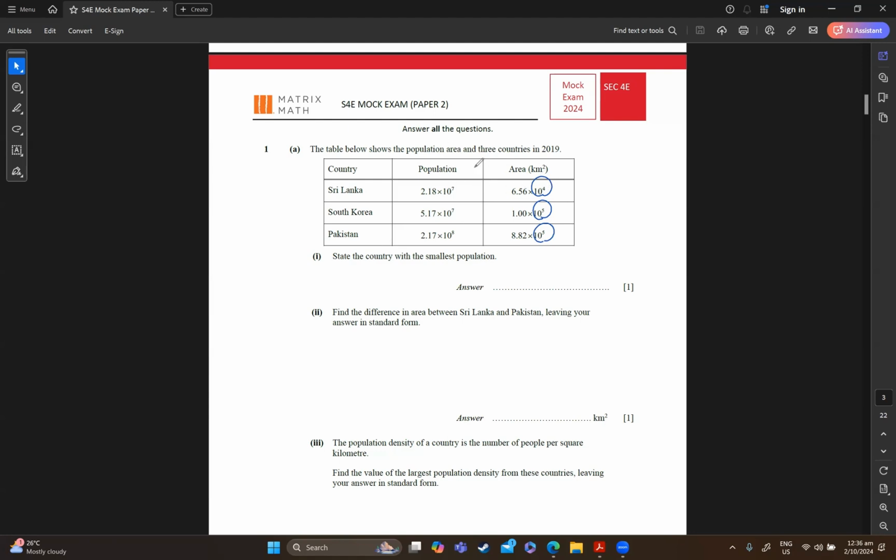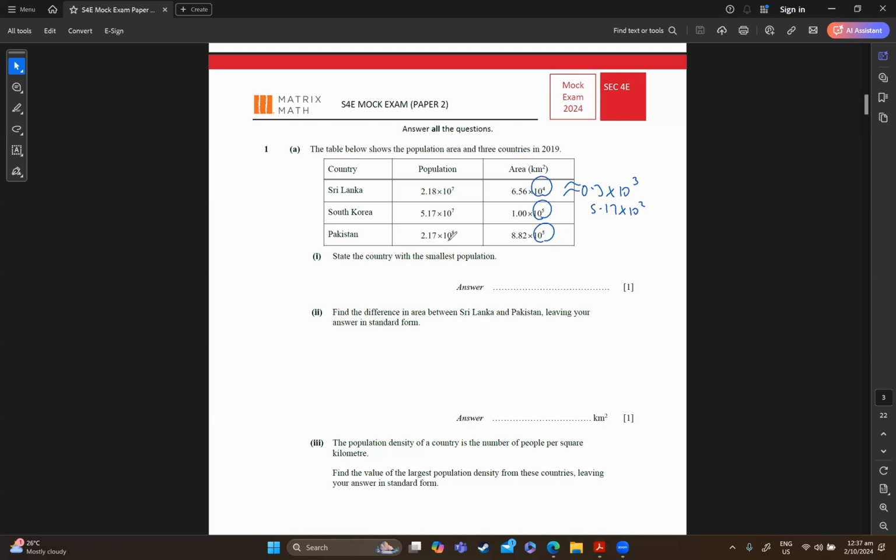So this is 10 to the power 7, this is 10 to the power 4. So when you do the division, this will be about 0.3 times 10 to the power of 3. Then this one, 5.17 divided by 1 is still 5.17. 10 to the power 7 divided by 10 to the power 5 gives you 10 to the power 2. So 5.17 times 10 to the power 2.